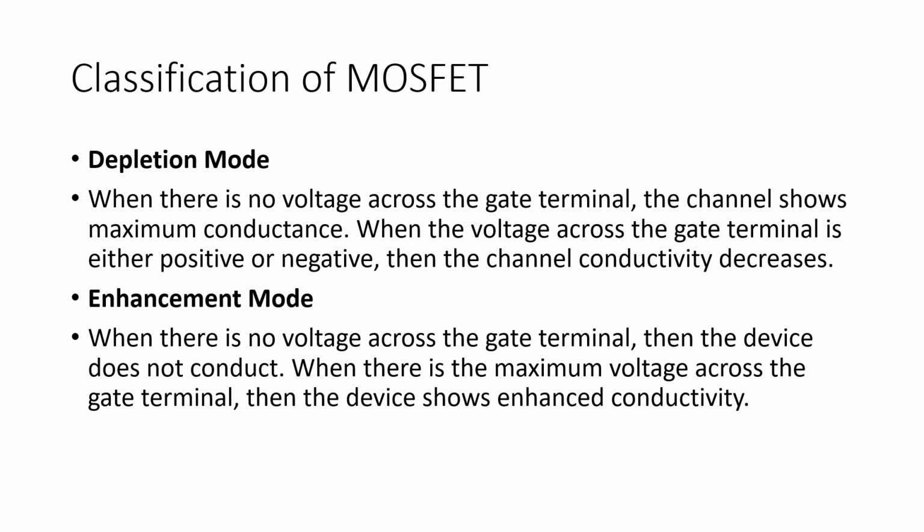So for a depletion mode MOSFET with Vg equal to 0, there will be a channel and current flow, and the transistor is said to be in the on condition. But for an enhancement mode MOSFET with Vg equal to 0, the transistor is off. When some voltage is applied to Vg, there will be conductivity in the channel. Thank you.